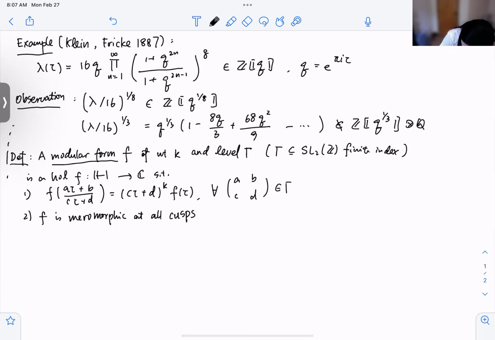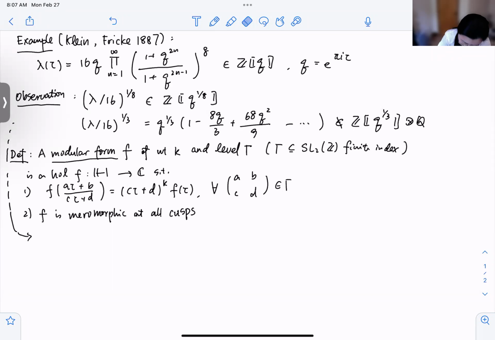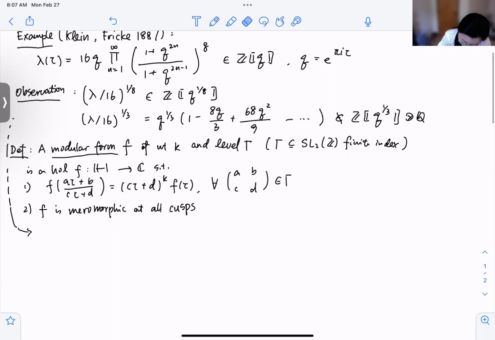In the example, as I mentioned, the word is congruence versus non-congruence.